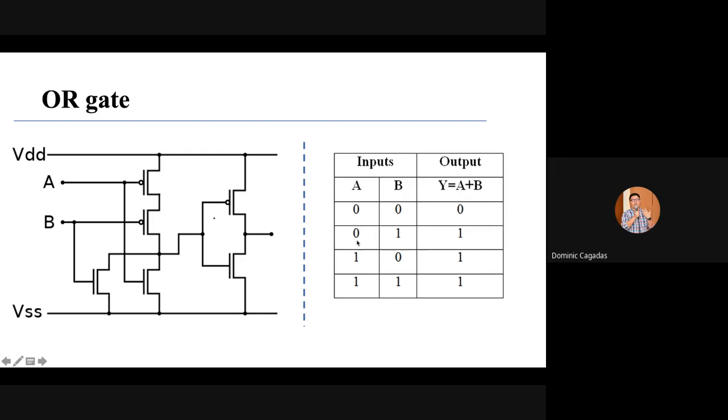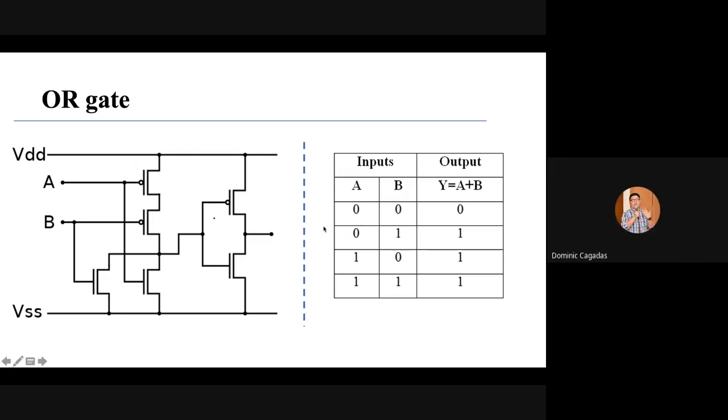This input A is low, then B is high. Sir, if the input A is low, the PMOS... Can I control while sharing the screen? No, I can't, sorry. I'll just point.